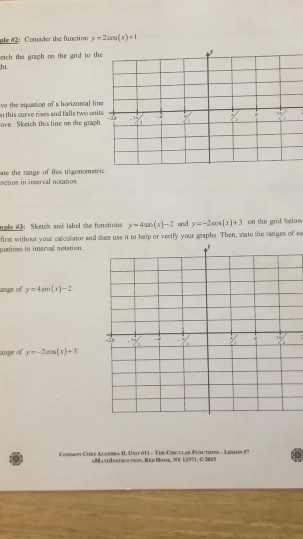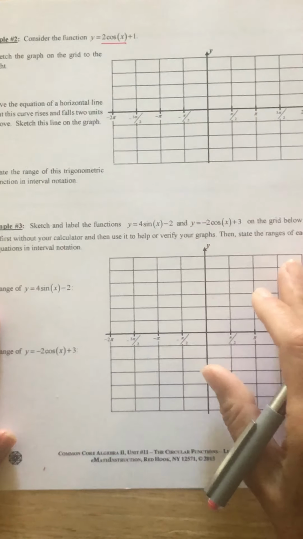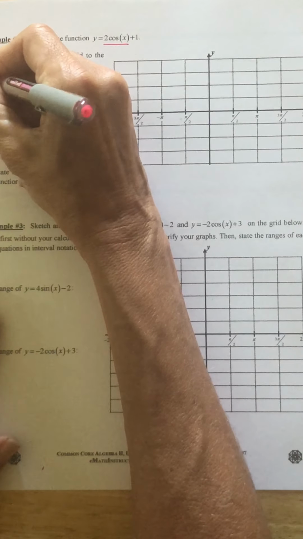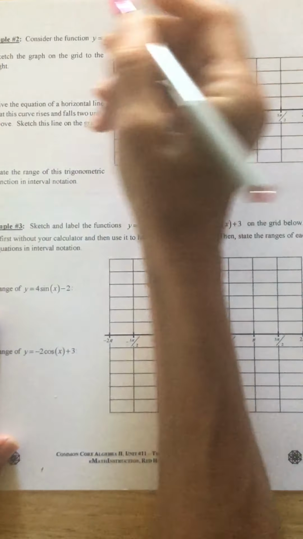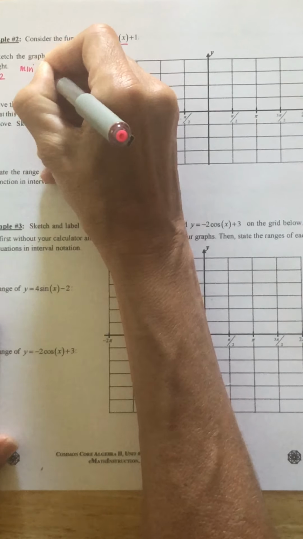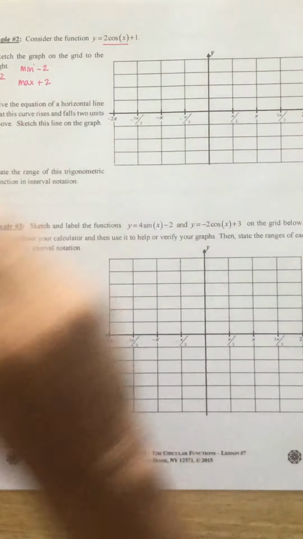Now, if you look at just 2 cos x, this part here, the amplitude tells me it's 2. So technically my min would be -2 and my max would be +2.